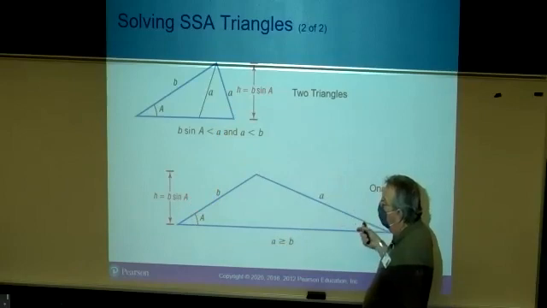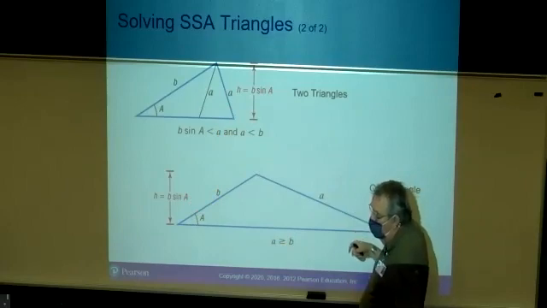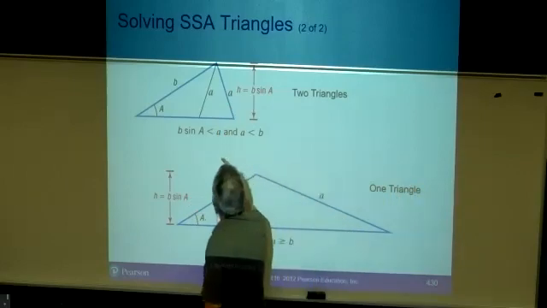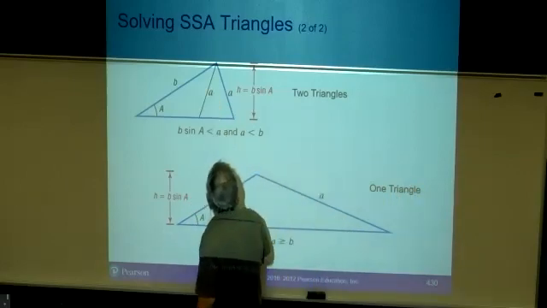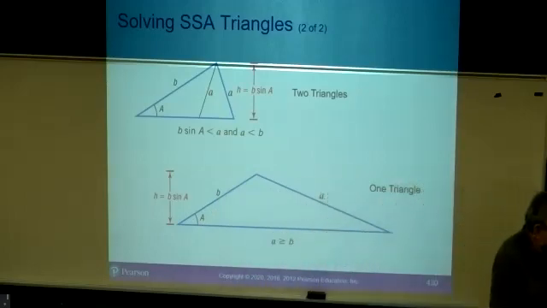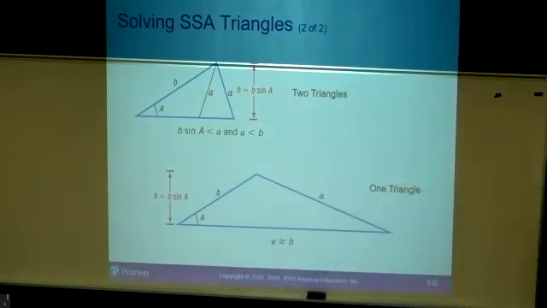But if A is not the larger of the two sides, then you'll either have two triangles or no triangle. Well, or you might have that 90-degree in there. So you still have the three possibilities. But B times the sine of A does not equal that other known side.